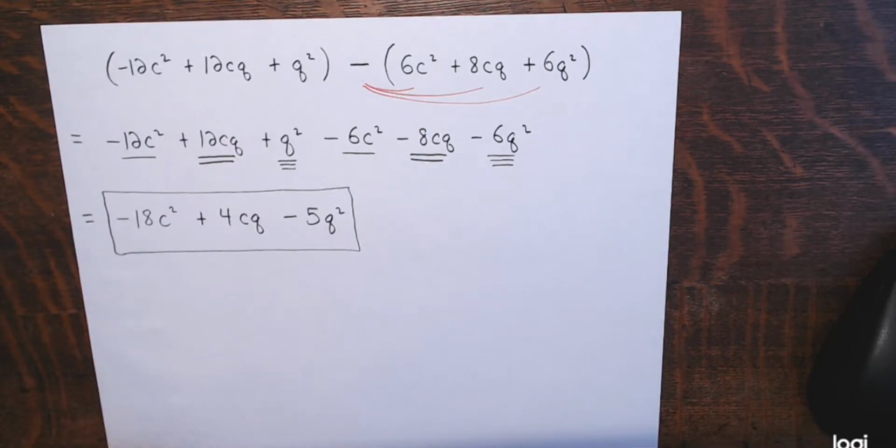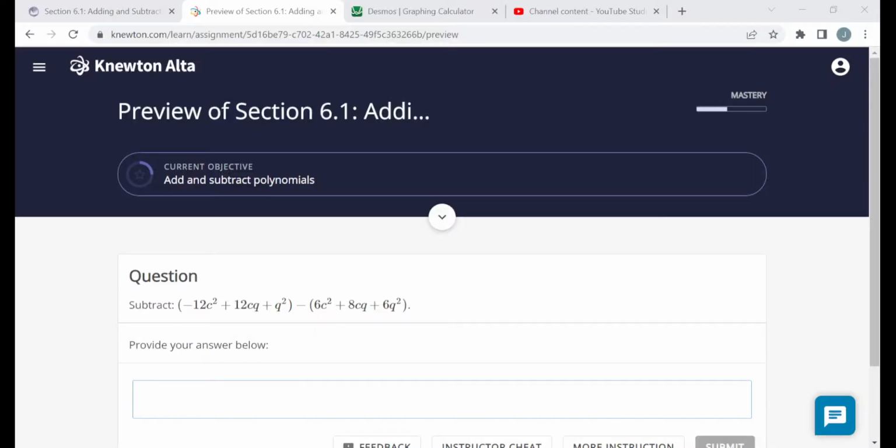You can't combine them. So the result of this subtraction is negative 18c squared plus 4cq minus 5q squared.